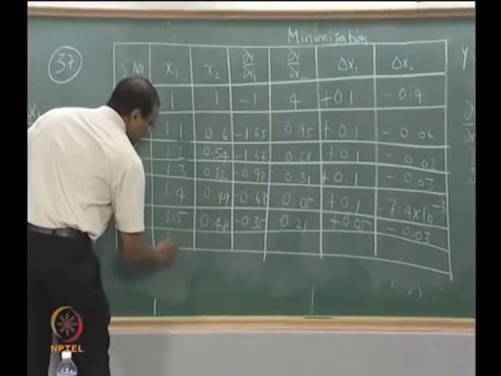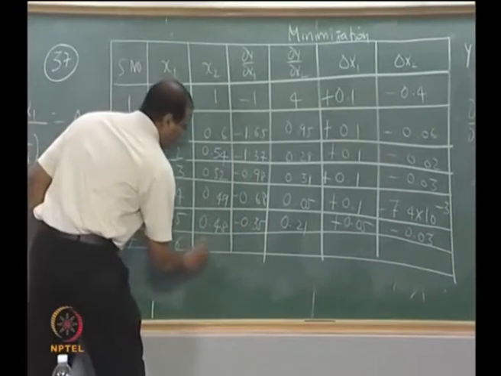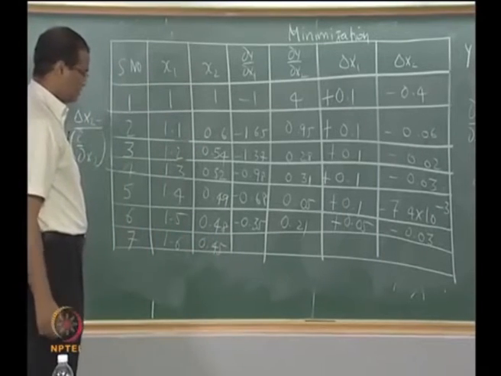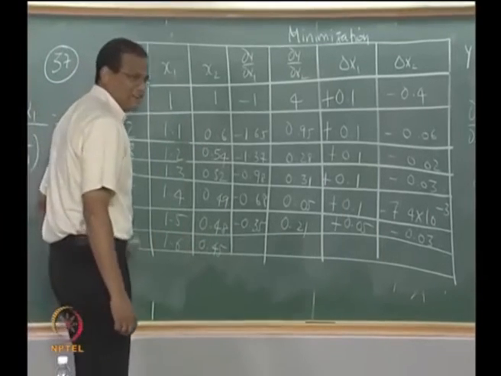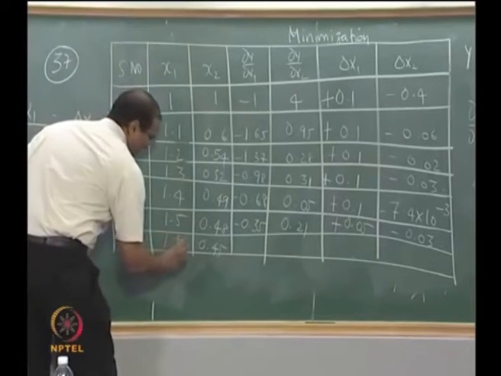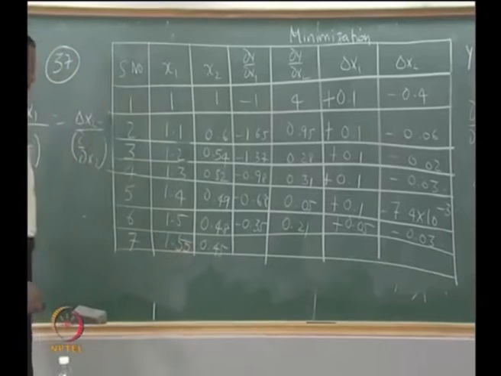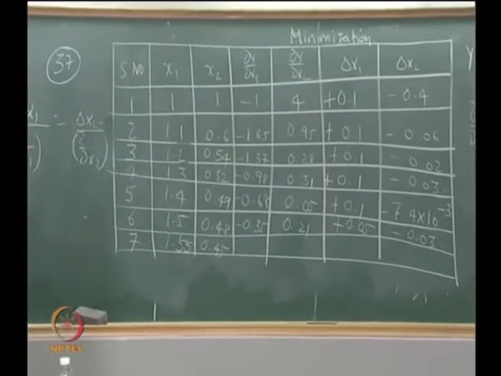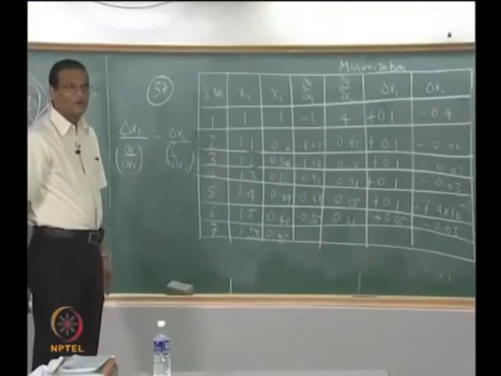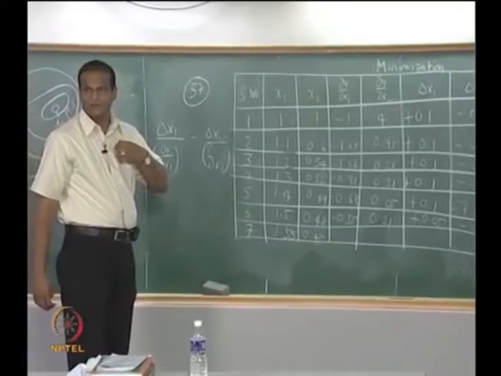So 1.6, 0.45. Not yet, huh? dy by dx1 must be close to 0 now, no? How much is it?